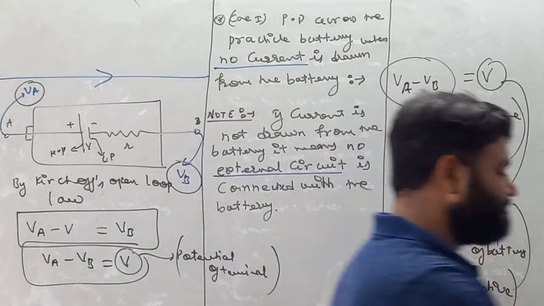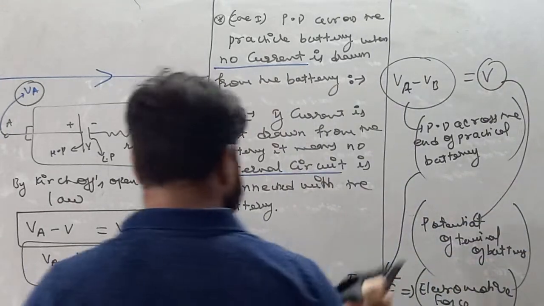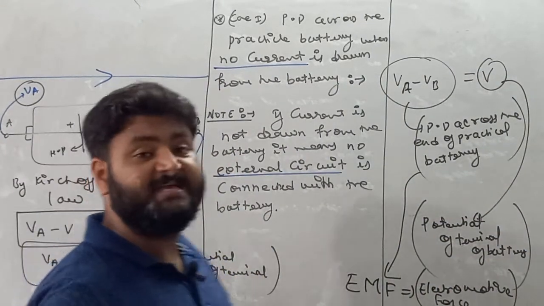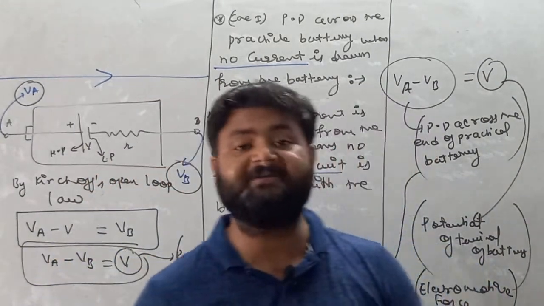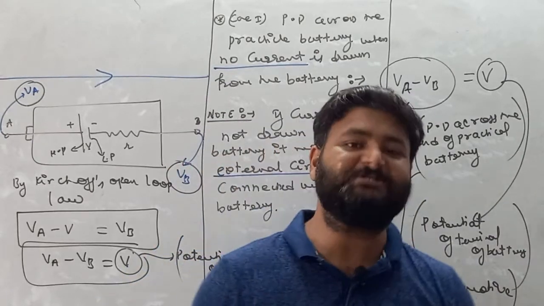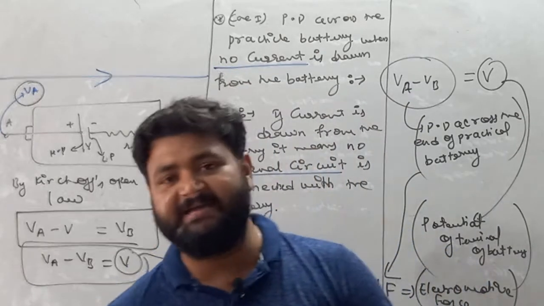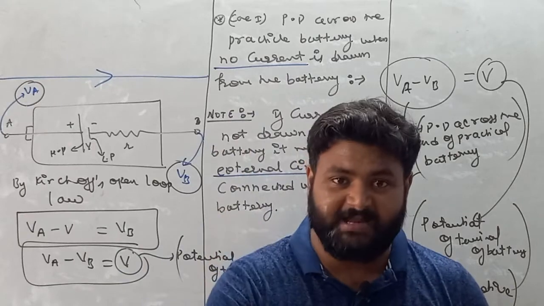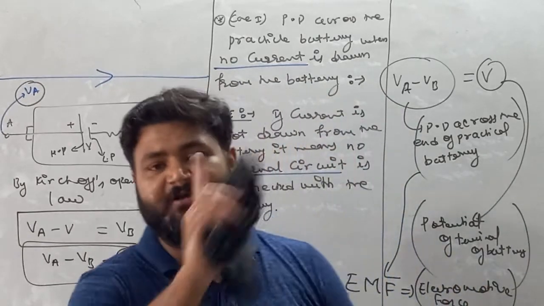So write down the definition of EMF. Remember, EMF sounds like a force, but this is not a force. It is a potential difference across the ends of a practical battery when no current is drawn from the battery.